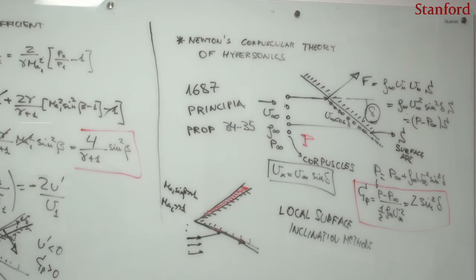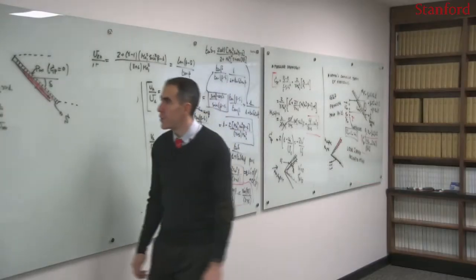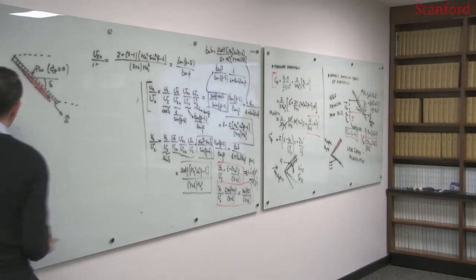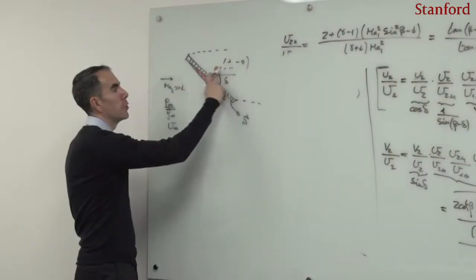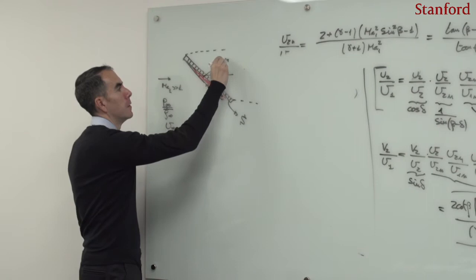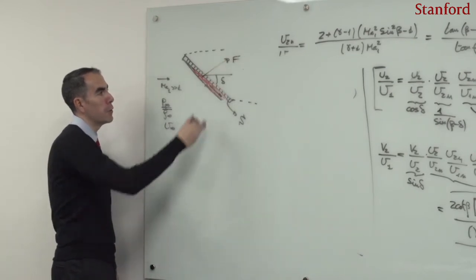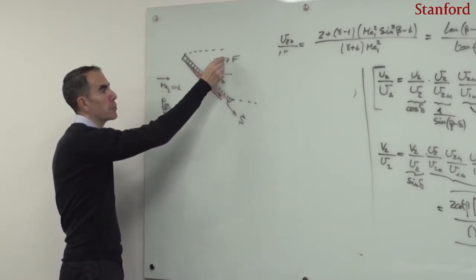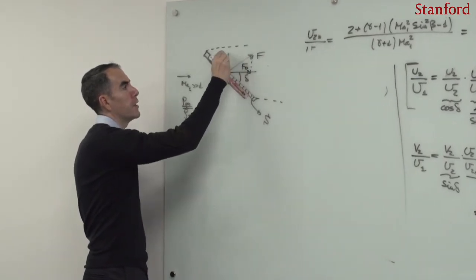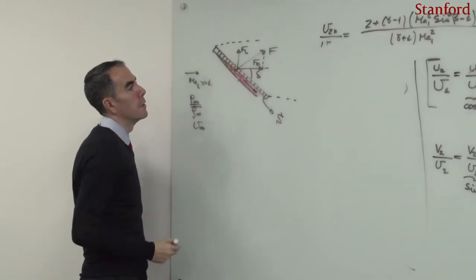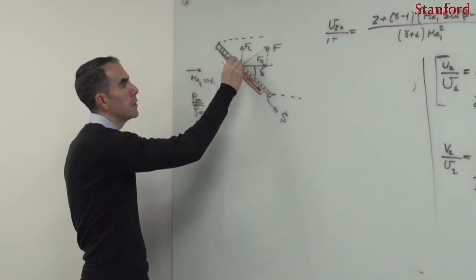So if we go back to this derivation here, I could compute the force on the plate. This force is going to have a component which is the drag force in this direction, and then a lift force in this direction. So if this is delta, then this is also delta.